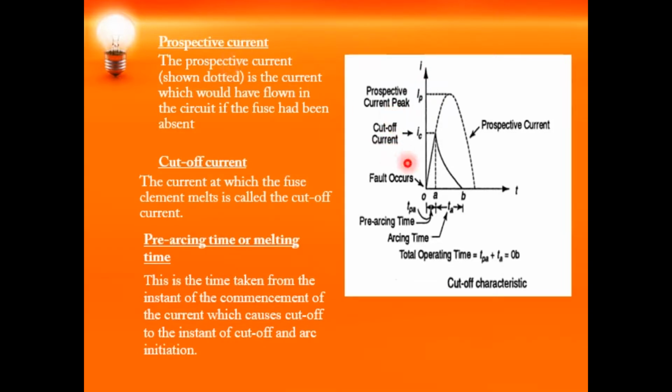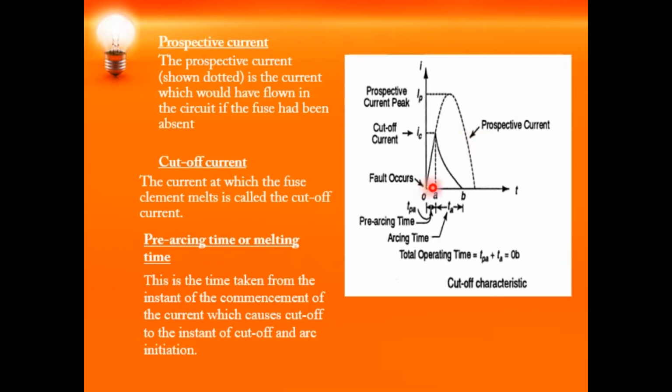Prospective current, you can observe the dotted line over here, which is the half cycle AC. This current is called the prospective current. So prospective current is nothing but the current which would have flown in the circuit if there was no fuse present. In the absence of a fuse, whatever current flows in the circuit is the prospective current.